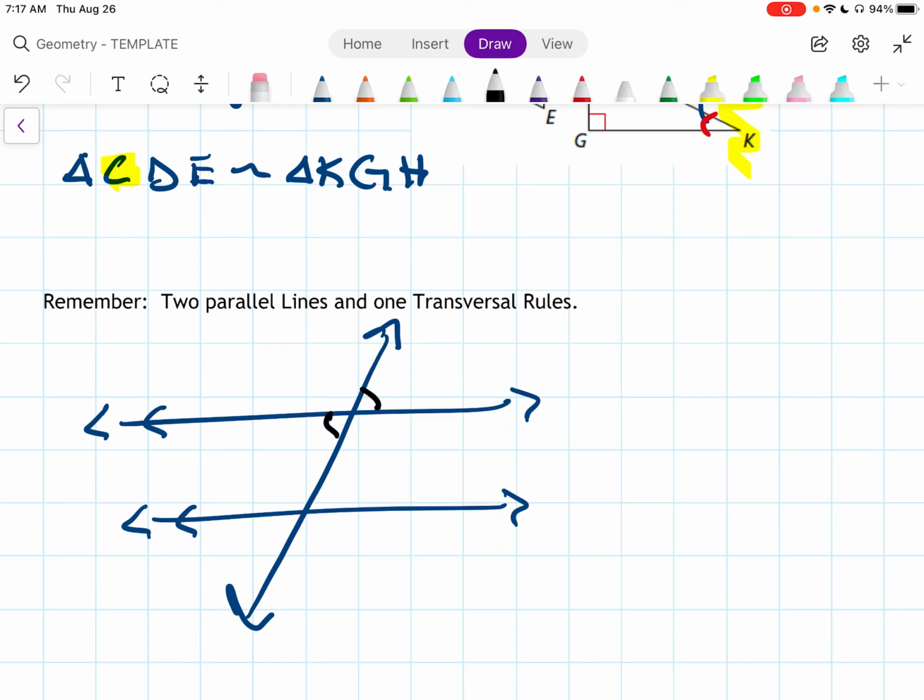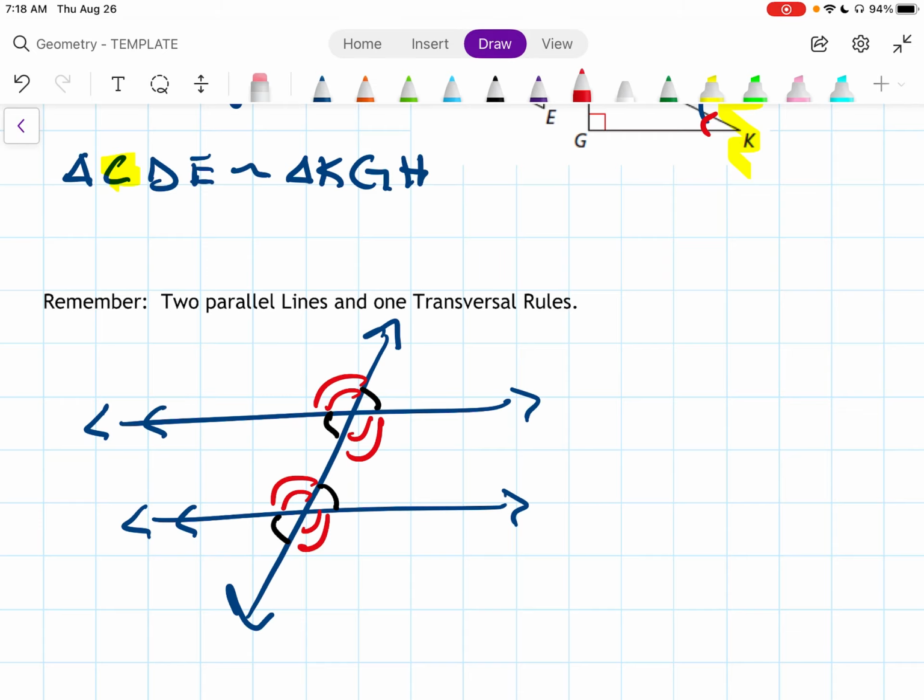This and this are congruent by vertical angles, and then by corresponding angles, they're congruent to this and this. Similarly, this guy and that one are congruent by vertical angles, and then by corresponding angles, this one and this one are congruent, right?